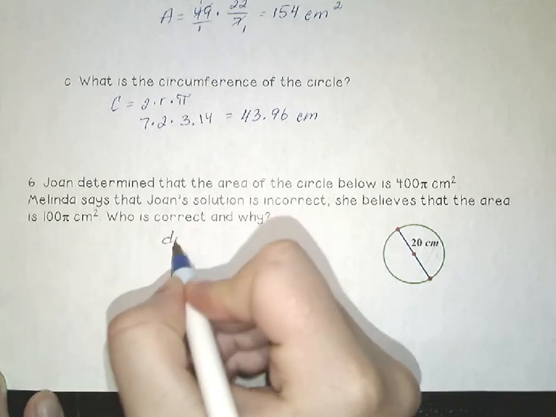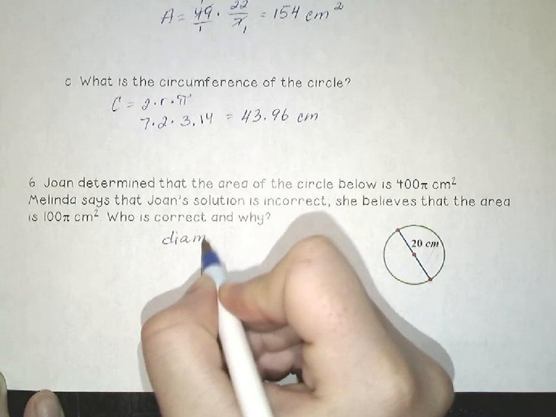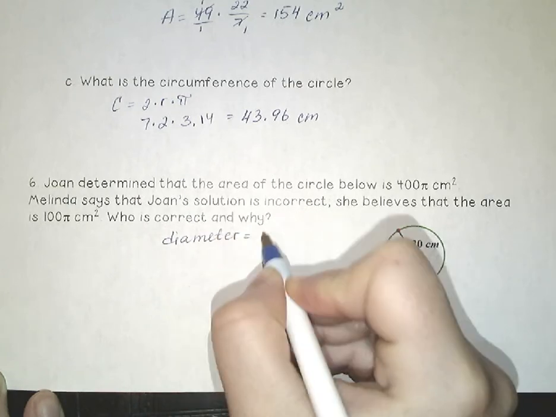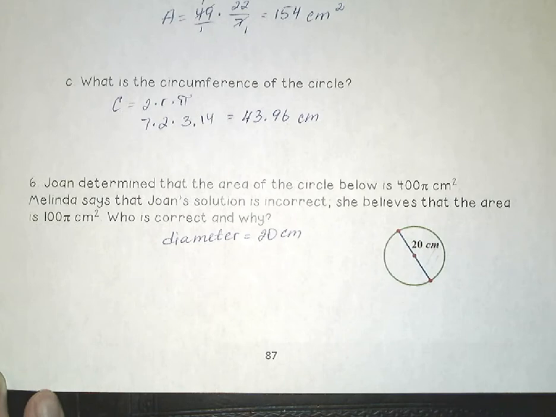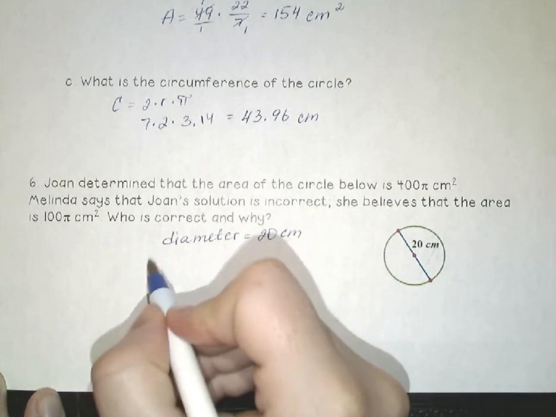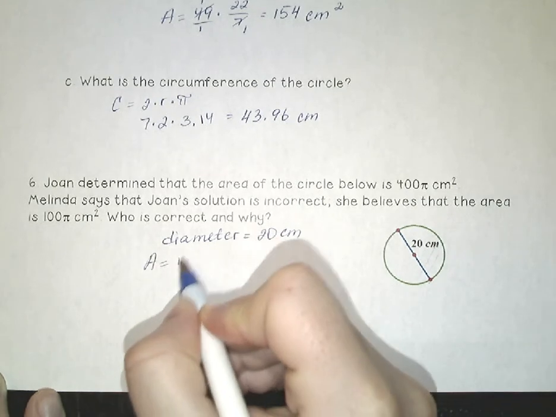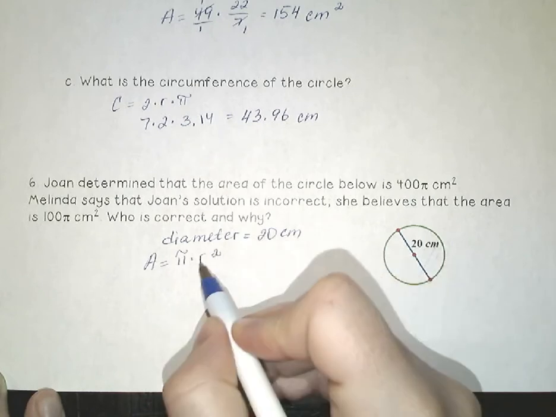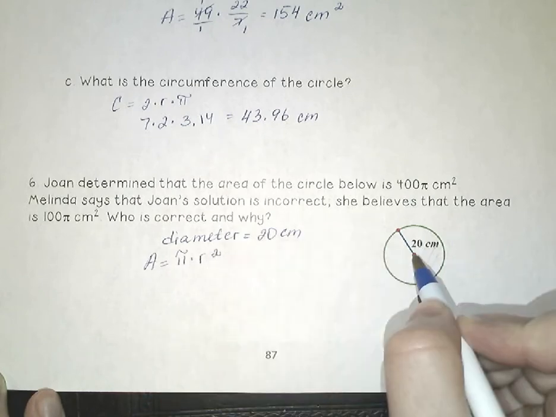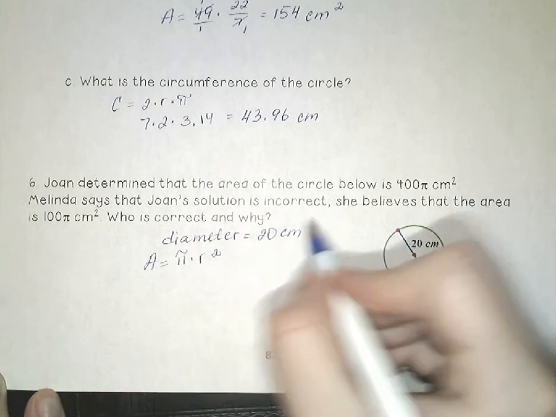Okay, so if I see diameter that is 20 centimeters, then I can find the area by multiplying pi by radius squared. I don't have the radius, but I know the radius is half the diameter, which is 10.